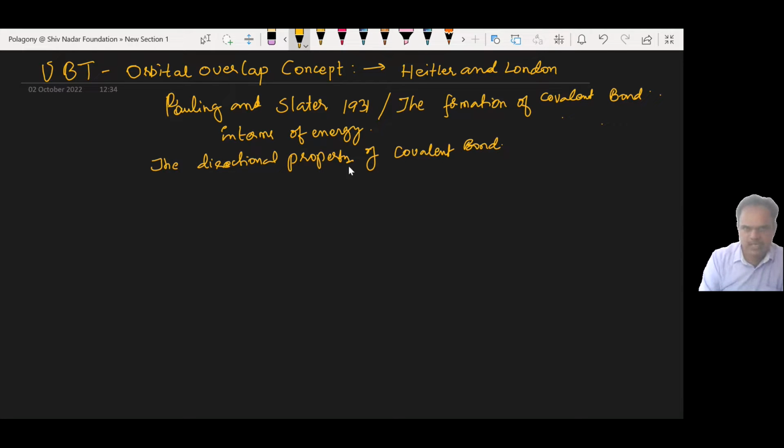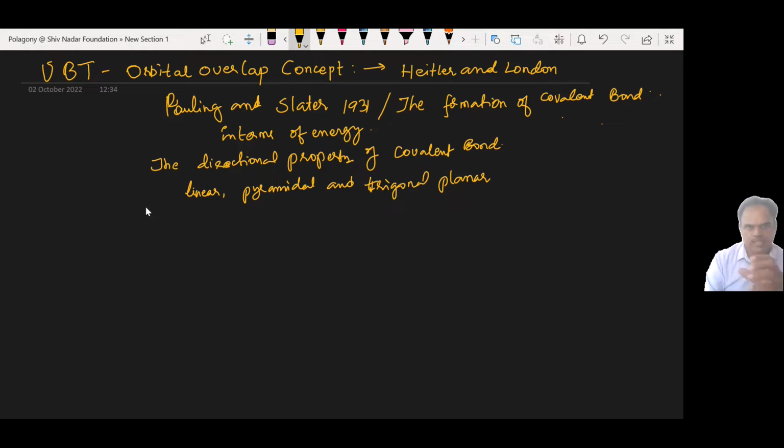The covalent bond has directional property, like covalent molecules that are linear in shape, pyramidal in shape, and trigonal planar in shape. These are due to the directional properties of the bond.